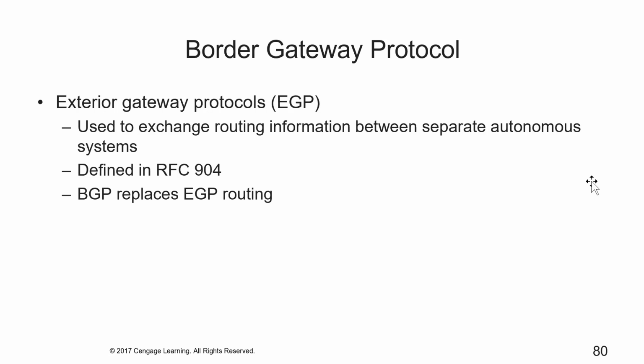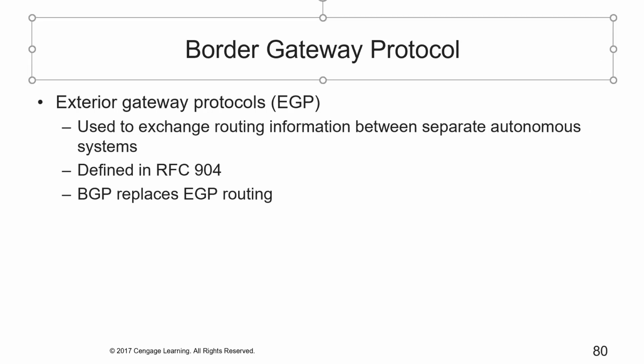It's interesting, the name exterior gateway protocol was assigned to the first implementation of this type of routing. EGP is defined in RFC 904, and the border gateway protocol replaces EGP routing.